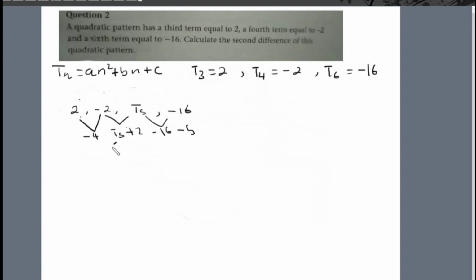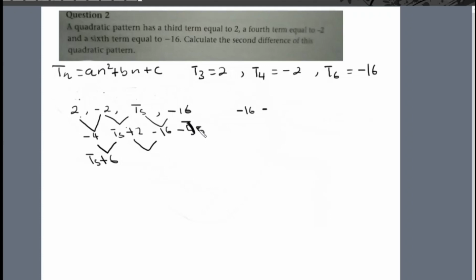So sesiya ku second difference manje. Calculate the second difference is T5 plus 2 minus minus 4. That is T5 plus 6. Right? And then sibe no minus 16 minus T5. This is T5 here.